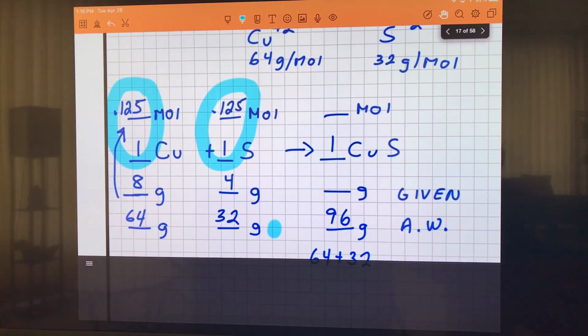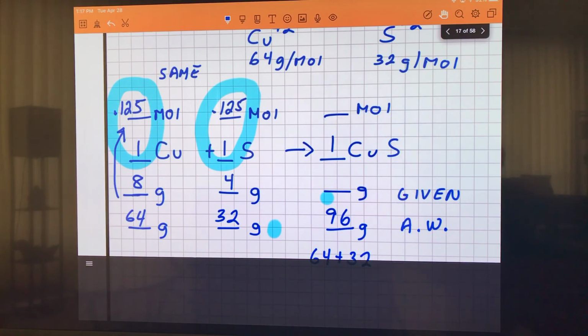And both of those are the same number. And so I'm just going to write that they are the same. What that means is we run out of them at the same time.